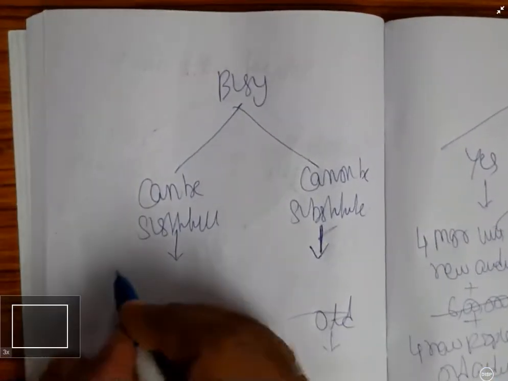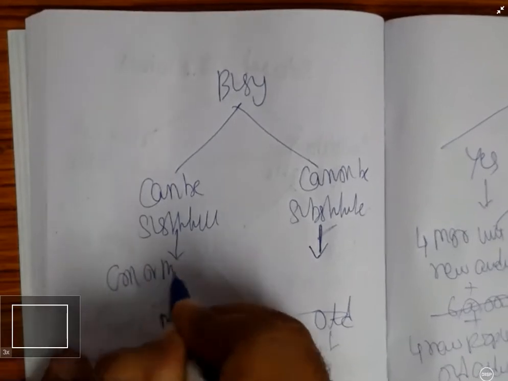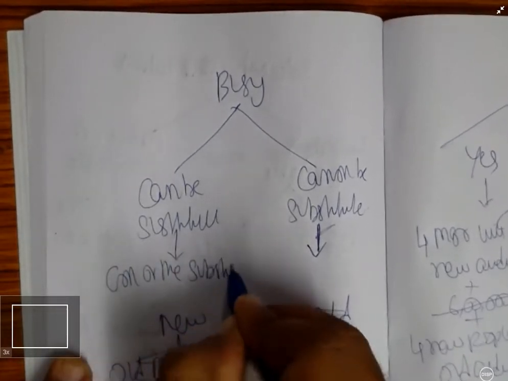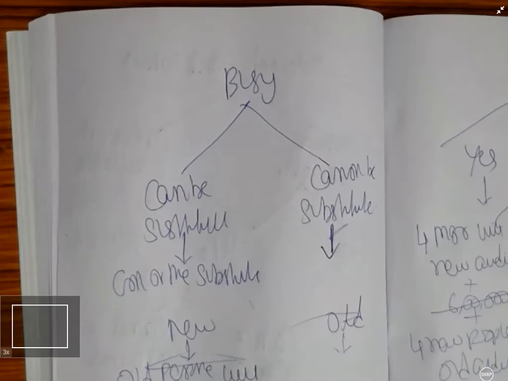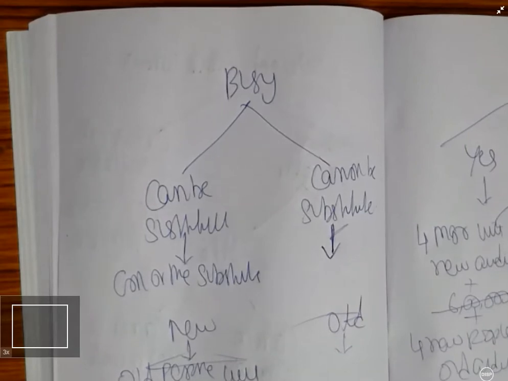So if they can be substituted, then the relevant cost is the cost of the substitute. Clear? Any doubts on this? Now put this breakup, cannot be substituted.